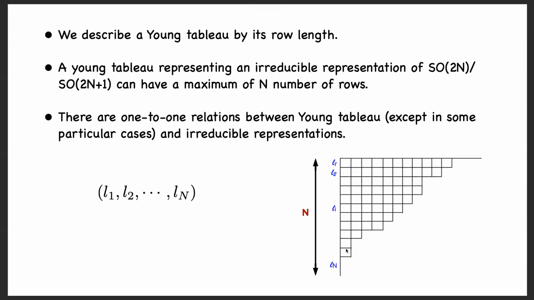And there is a restriction on the number of rows, which is n. You cannot have any Young tableau, or any independent tensor of SO(2n+1), with more than n rows.